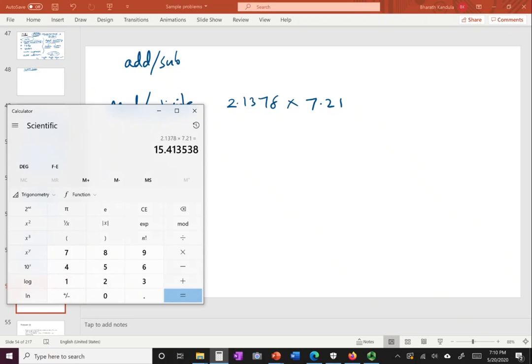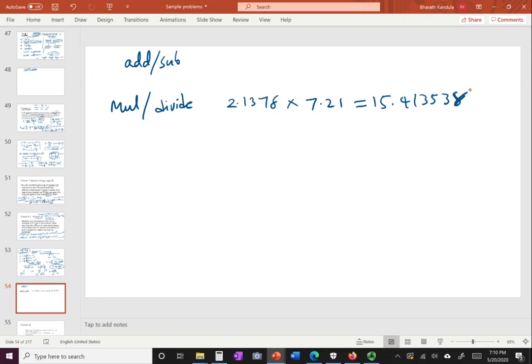2.1378 times 7.21 gives you 15.413538. But we don't write all these digits in the final answer. This is the result we got from the calculator. Now, how many sig figs are there in this number? 5. How many here? 3. Which is the least? 3. So the final answer should have 3 significant figures.